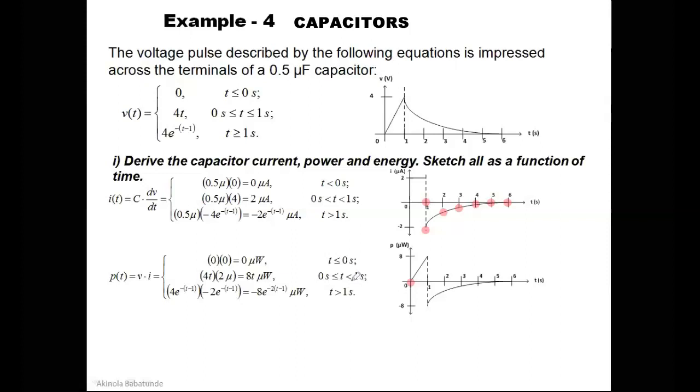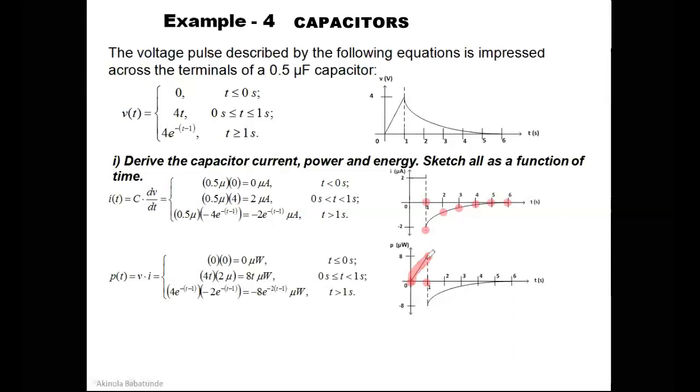If you put 1 here, you will see that your power will be equal to 8 at this particular point. Can you see that? So you can connect 0 to 1 straight up from 0 to 1 here.